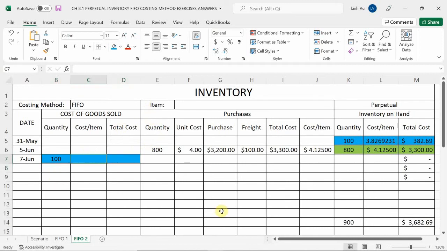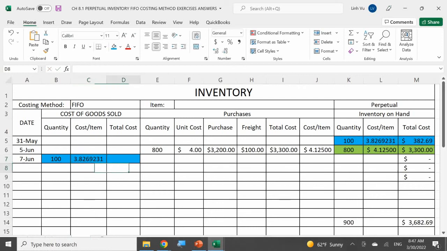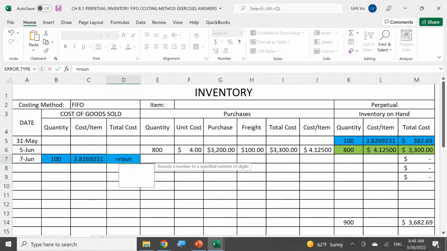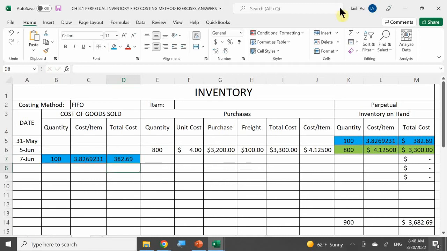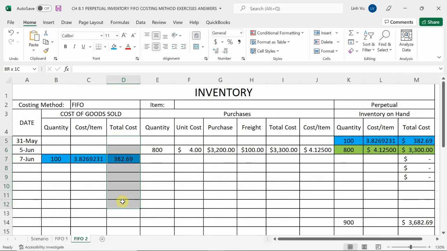So 100, right, which we know to be this as well. It is $382.69. Okay, that's exactly what I'm gonna do.